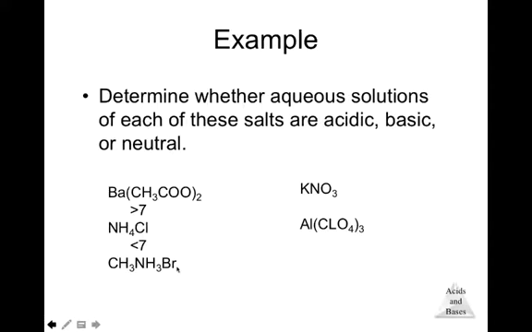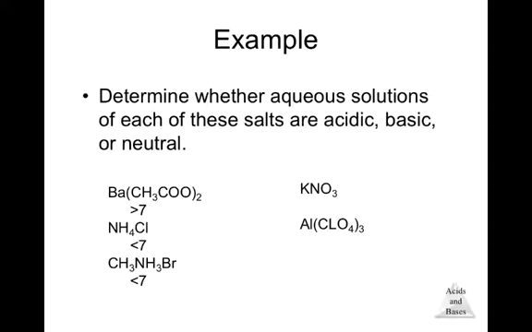This one might be a little bit unfamiliar to you, but once you dissociate, you're going to get CH3NH3 plus. And that's actually the conjugate acid of a weak base, right? It's an amine group. And so therefore, it's going to be acidic, right? And then Br minus is going to be the conjugate base of a strong acid, hydrobromic acid. So that's not really going to do anything to the pH. So therefore, you're going to end up with a pH of less than 7.